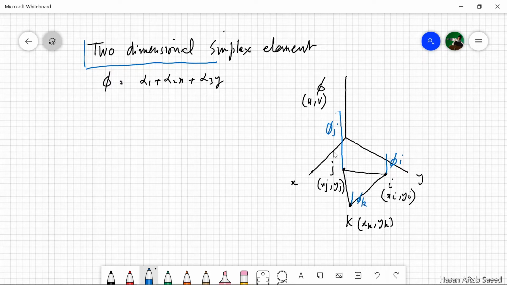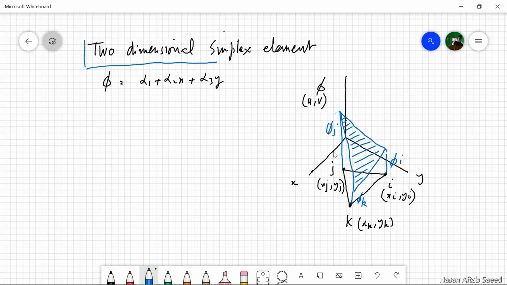Now the linear variation means we join them, each of them with a straight line. So this is the value of phi anywhere in the element.